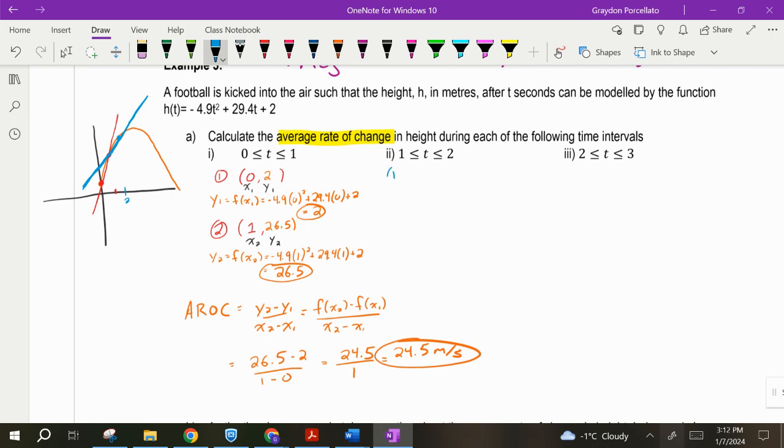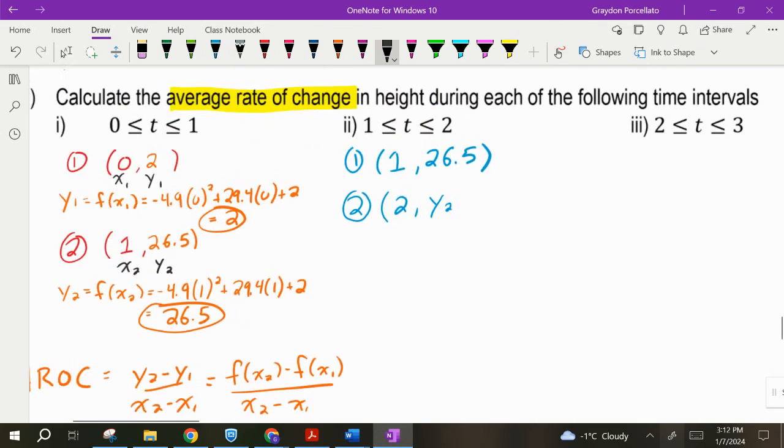My first point is at time equal to 1, and my y value when t is 1 is 26.5. We just calculated that in the previous one. My second coordinate is when t is 2, and for this we need to figure out what my y2 is. Again, this is my x1, y1, x2, y2.